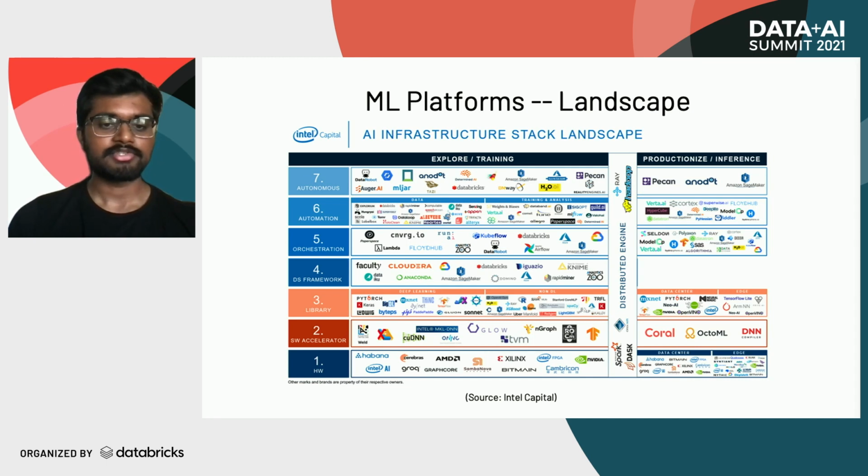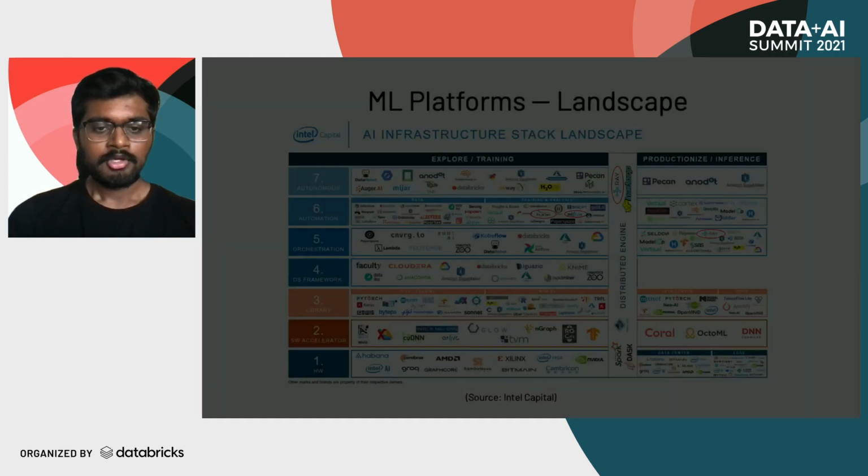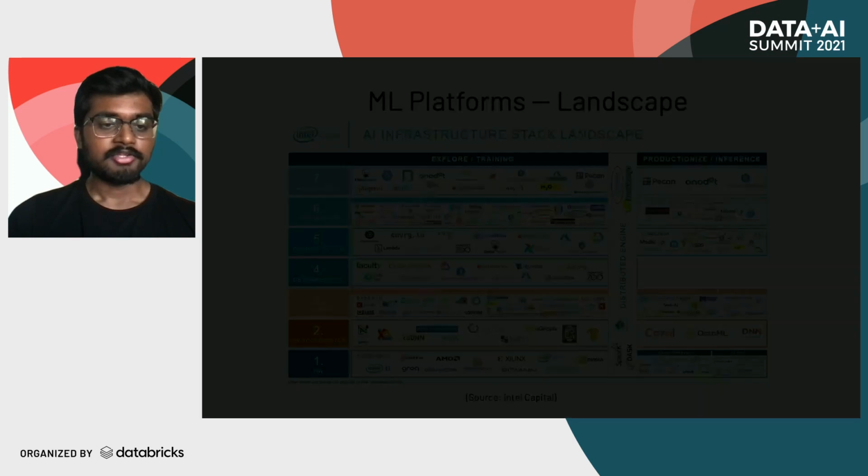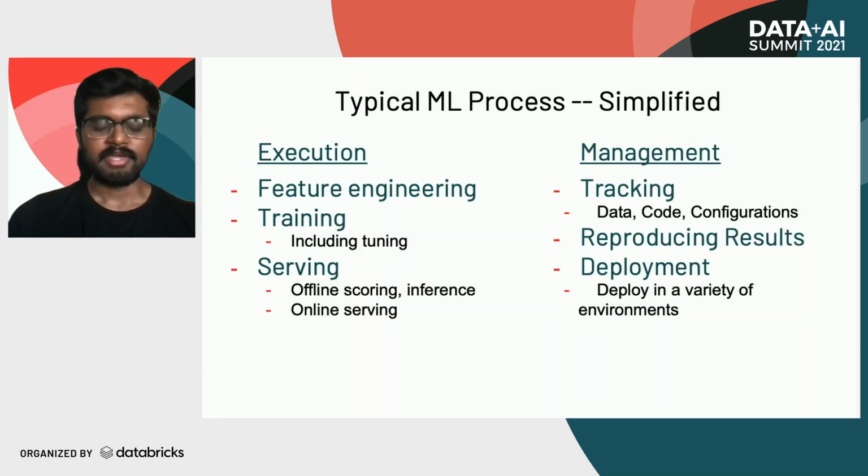There are two libraries which you can use to solve these problems, and those are Ray and MLflow. With Ray and MLflow, you can solve these two problems of execution and management. Ray will solve the execution aspect by providing a framework for easily building distributed and scalable applications. And MLflow will help with the management of your experimentations.